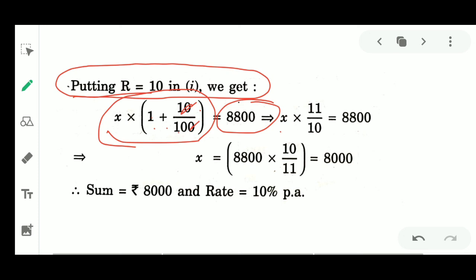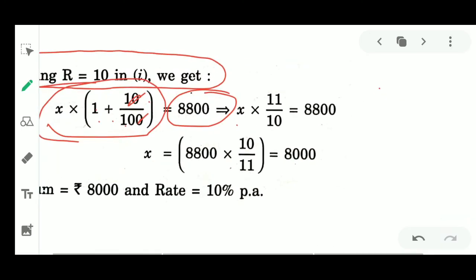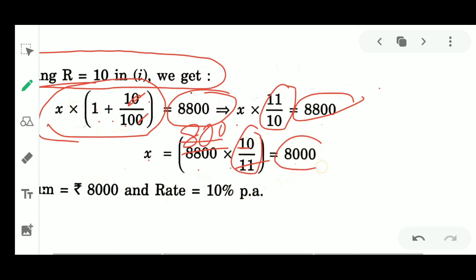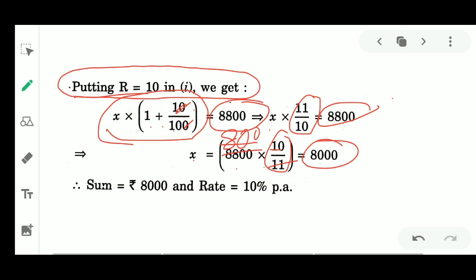So x into 11 by 10 equal to 8,800. So now x will be 8,800 into the reciprocal of 11 by 10, that is 10 by 11. Now if we divide 8,800 by 11, you will get 800. So 800 into 10 equals 8,000. That is the value of x.